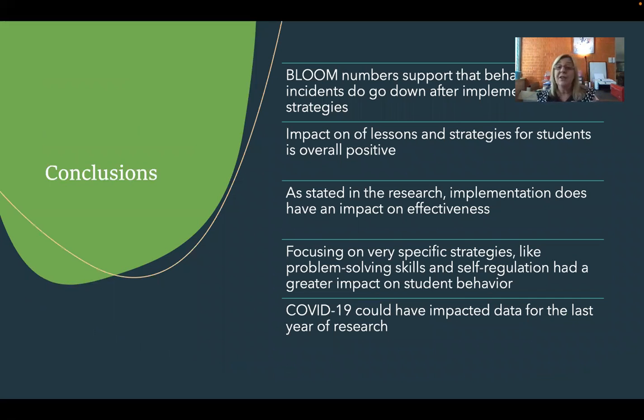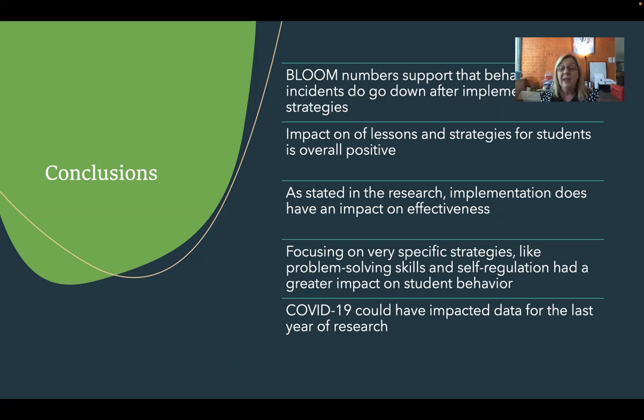So my conclusions, in response to what is the impact of an SEL strategy in the classroom, are that the Bloom numbers did go down, and the impact of the lessons and strategies were positive for the students.